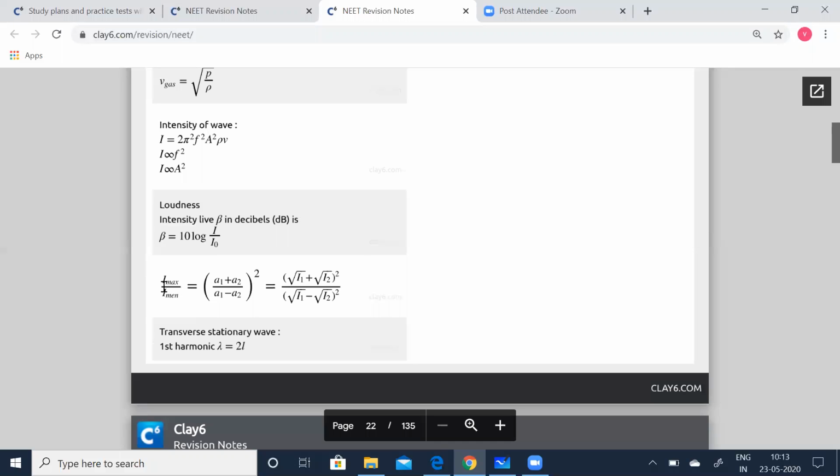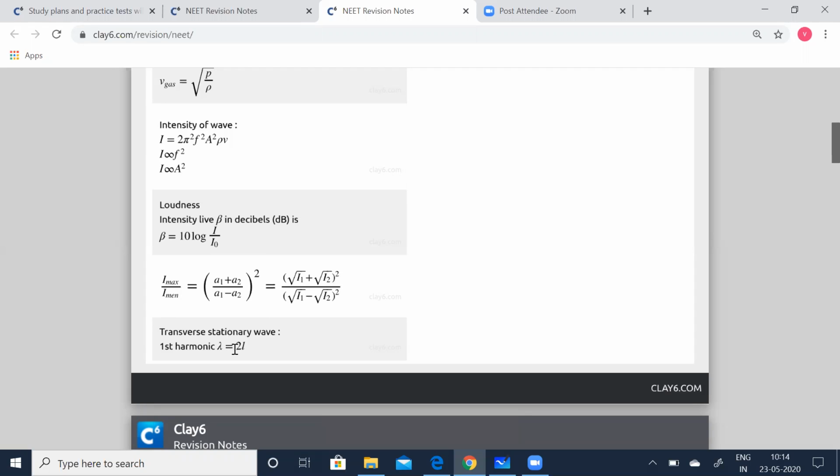The ratio of maximum intensity to minimum intensity is equal to (A1 plus A2) by (A1 minus A2) the whole squared, or you can put it as (root of I1 plus root of I2) the whole square divided by (root of I1 minus root of I2) the whole square, because A is proportional to A squared is proportional to I, so A will be proportional to root of I. That is what we are substituting here.